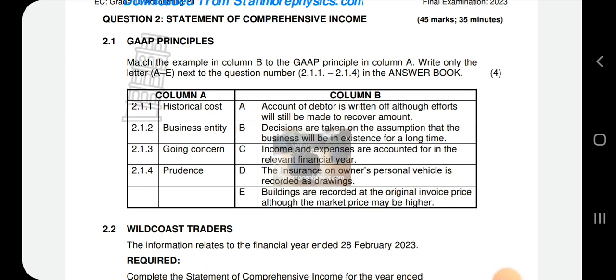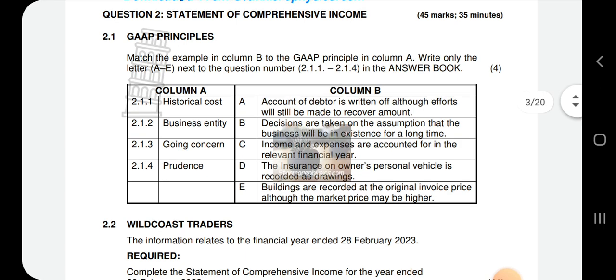No. Income and expenses are accounted for in the relevant financial year. No. The insurance on the owner's personal vehicle is recorded as drawings. Yes, drawings are things for the owner and are separate from those of the business. So she has taken something from the business but it is written as drawings. So that's the business entity rule. And then we have going concern.